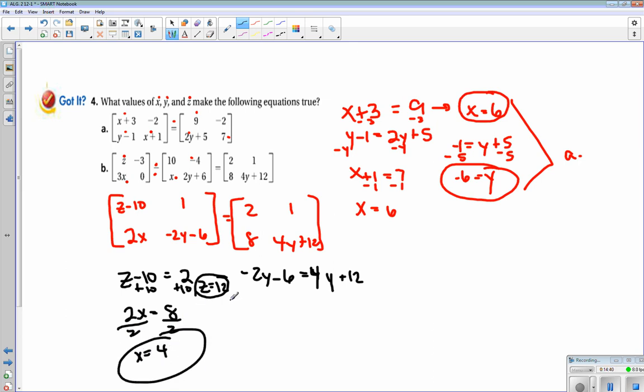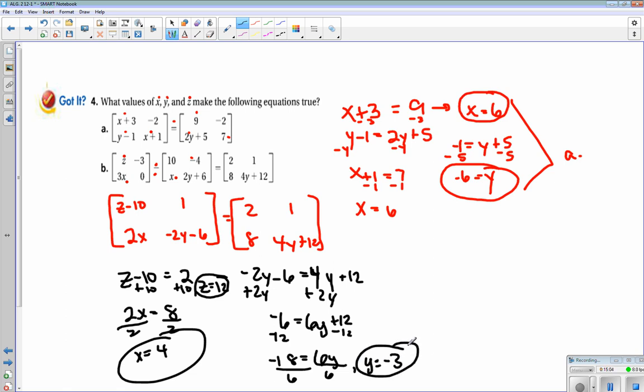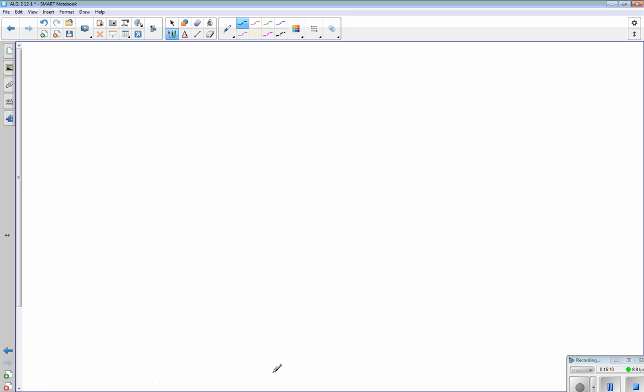And then I'm going to do a little bit more sophisticated solving. Add 2y to both sides, and I get negative 18 equals 6y, so y must be equal to negative 3. Boom. And that's it for this lesson.